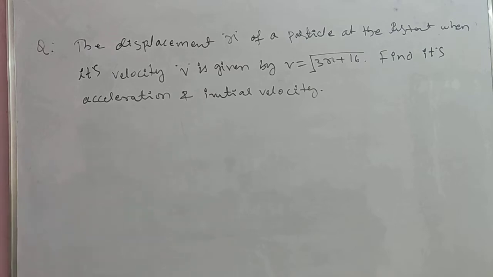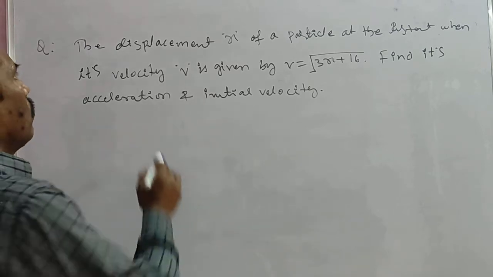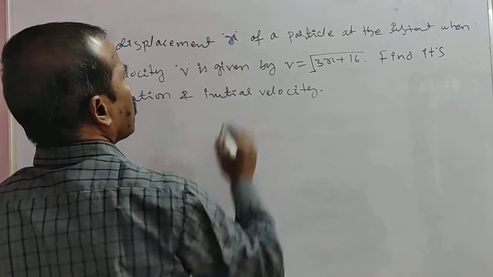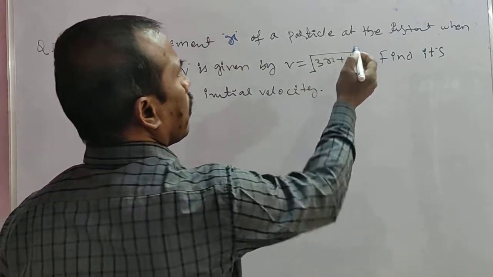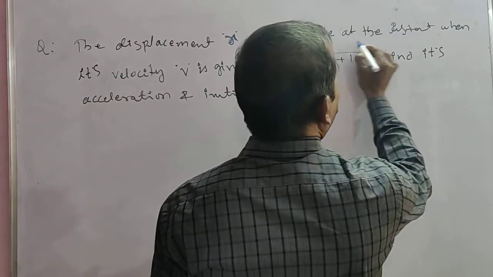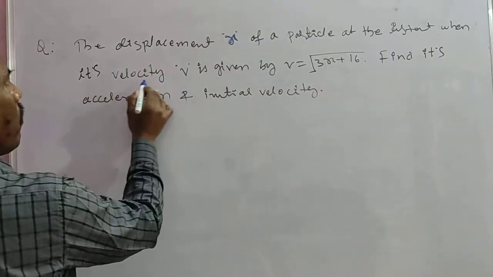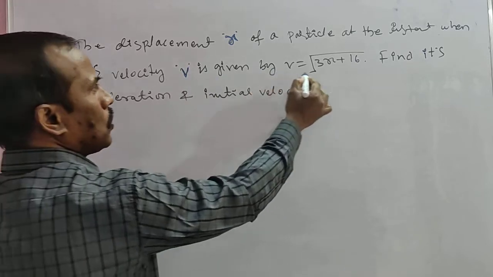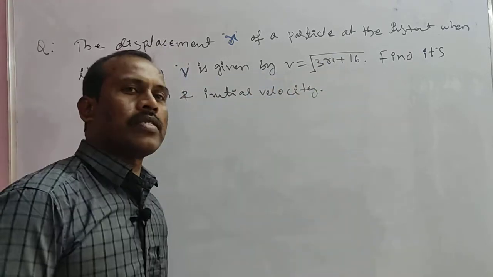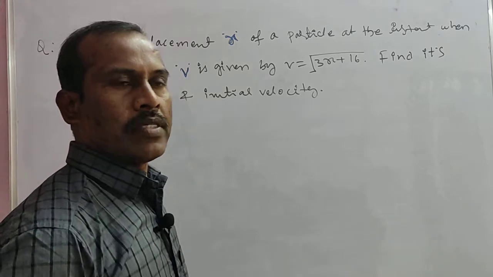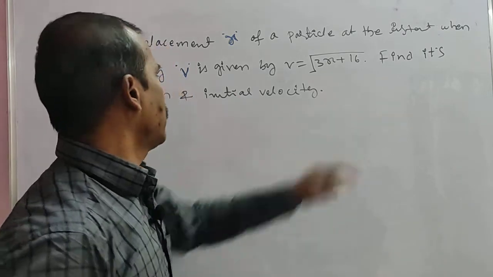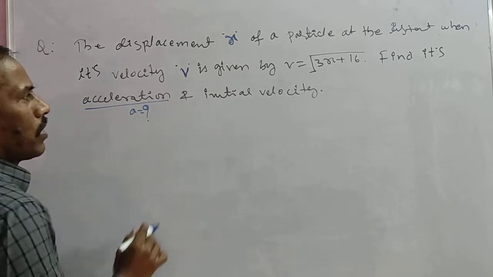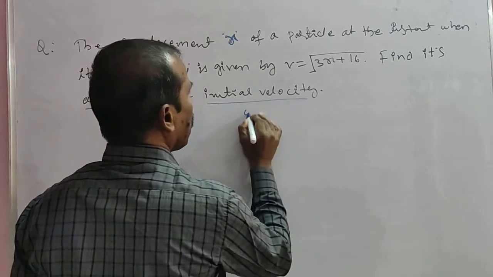Next problem, see here. The displacement x of a particle at the instant when its velocity v is given by v is equal to under root of 3x plus 16. Find its acceleration and initial velocity.